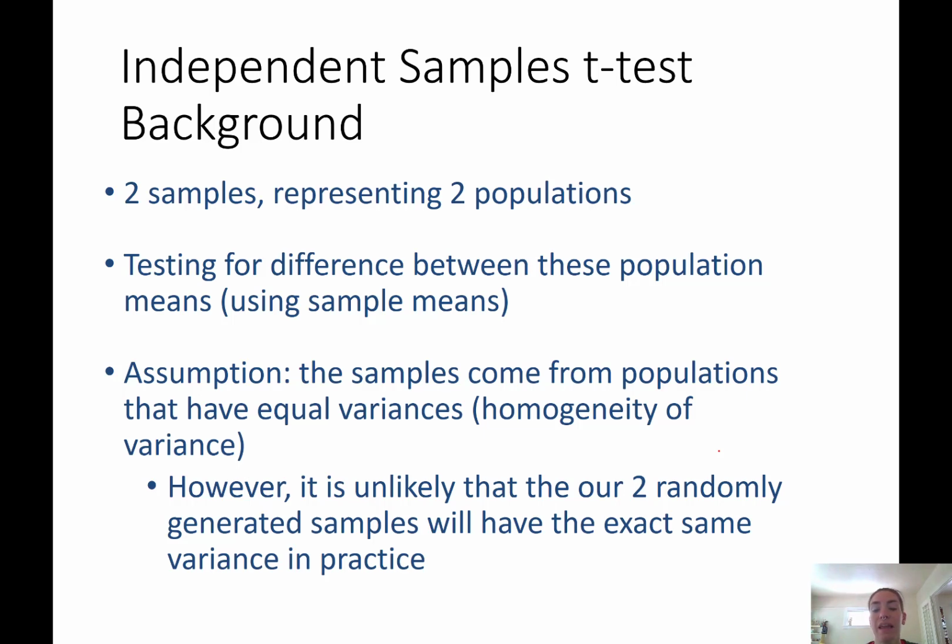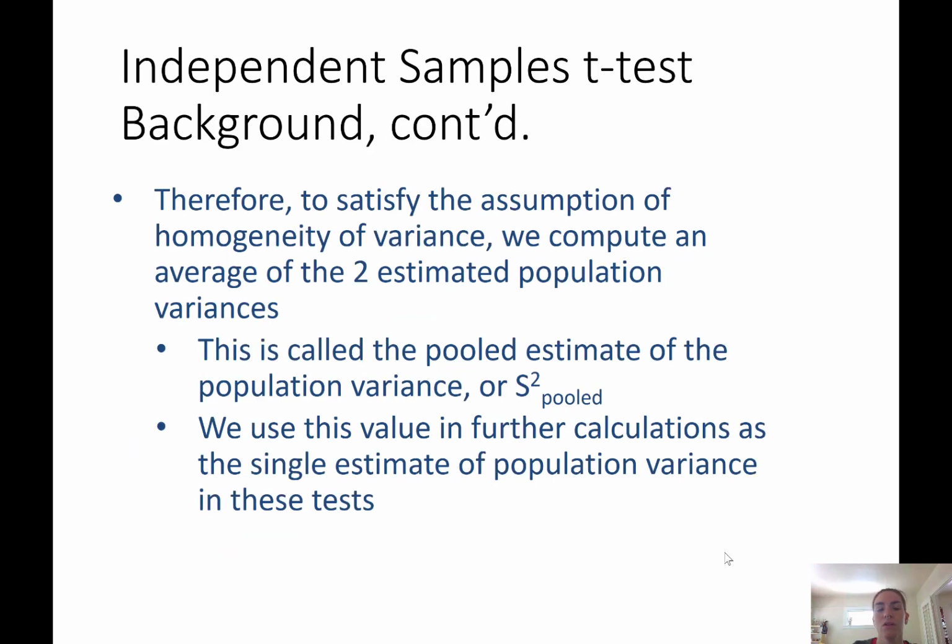However, it is unlikely that our two randomly generated samples will have the exact same variance in practice. So the samples themselves won't have equal variances. So when we estimate population variance, it's going to take an extra step. So to satisfy the assumption of homogeneity of variance, we compute an average of the two estimated population variances, and we call that a pooled estimate, or S squared pooled.